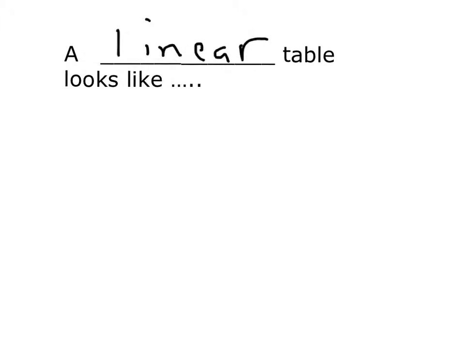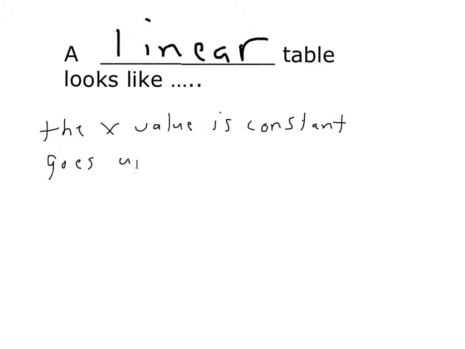A linear table looks like the x value is constant, goes up or down by the same amount. A linear table: the x value is constant, goes up or down by the same amount.